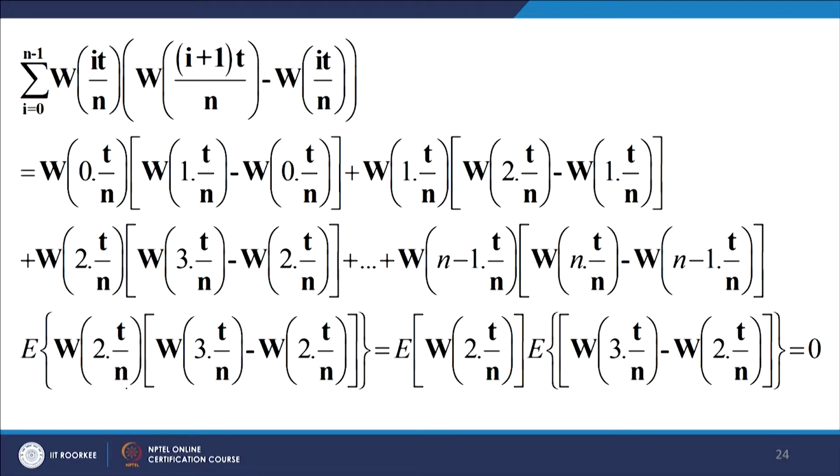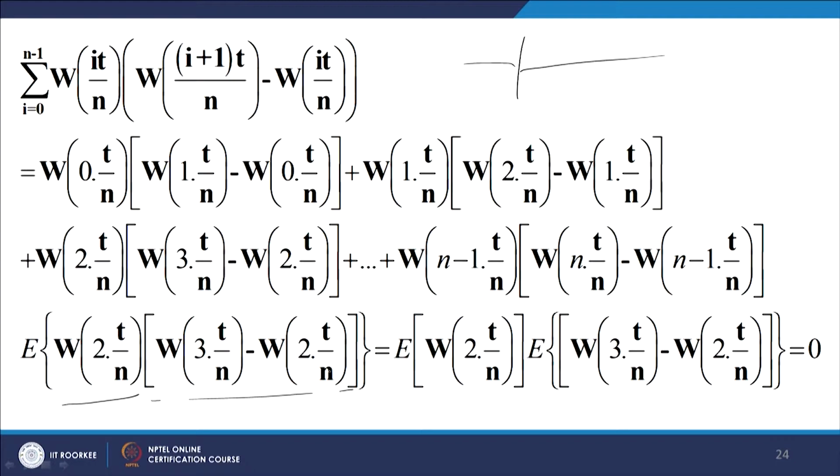Now, by the properties of Brownian motion, it is a Markov process. The further evolution of a Brownian motion does not depend on its past history. Therefore, what does it mean? It means that this expression and this expression are independent of each other.